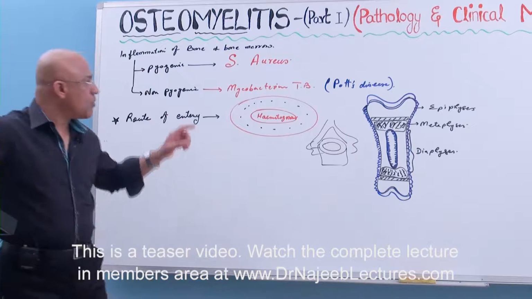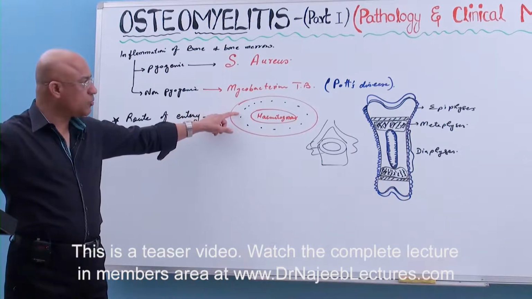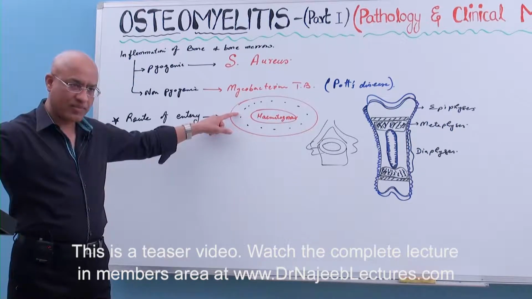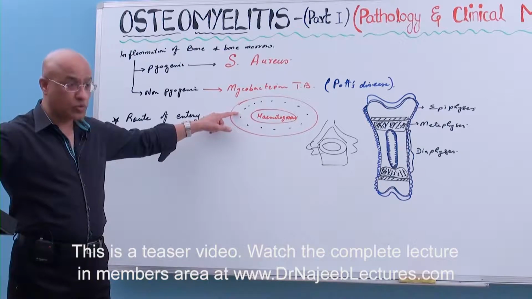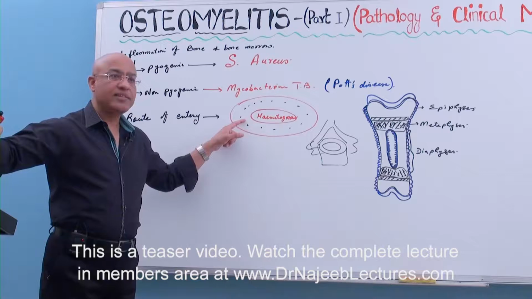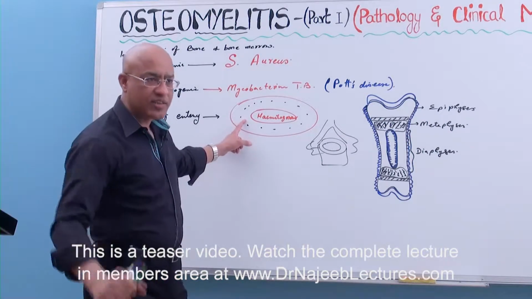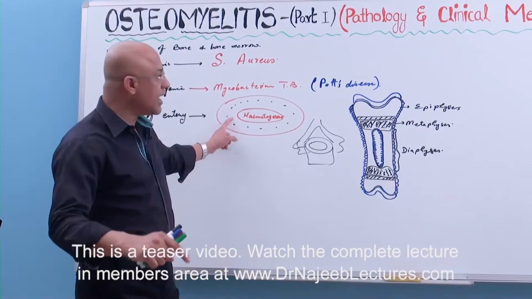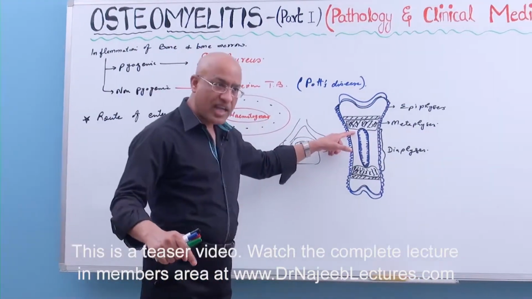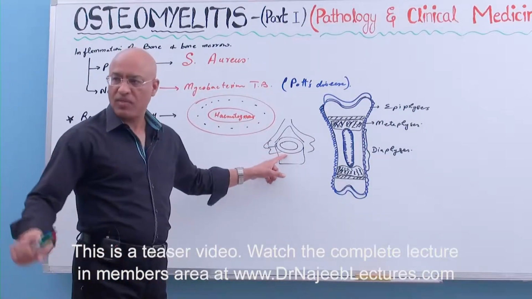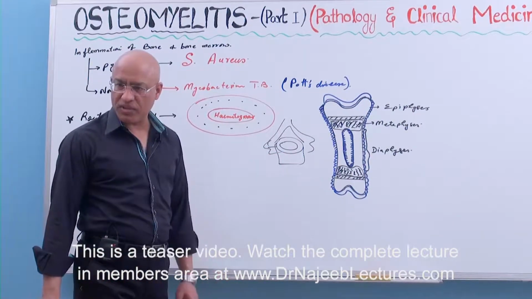Normally, when bacteria enter the blood flow, the reticuloendothelial system phagocytoses and eliminates them. But if for any reason bacteria survive in the blood, they love to settle in certain areas in the body. In the bones of growing children, bacteria love to settle in the metaphysis, and in adults, they love to settle in vertebral bodies. Am I clear? Yes. Any question up to this?